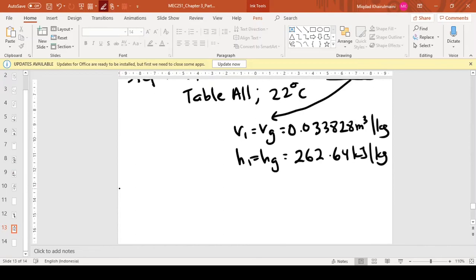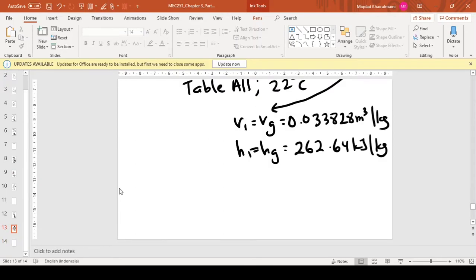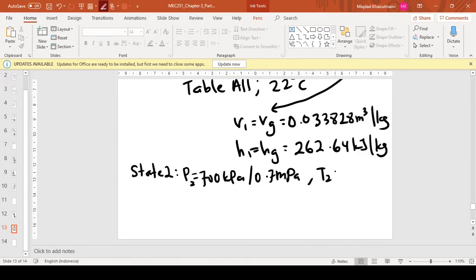Next is state 2, so we try to do it here. At state 2, the pressure is 700 kilopascal, or in megapascal 0.7, just in case. And the temperature is 40 degrees Celsius.